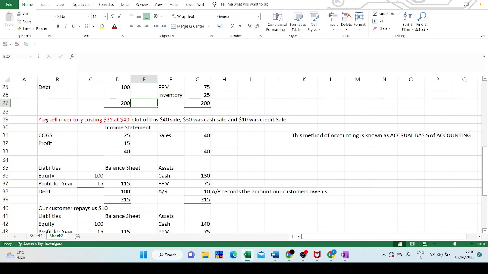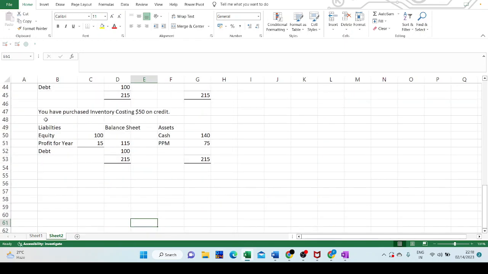When you sold inventory costing 25 at 40, you made money, and since you made money it went into the income statement. But when you purchase inventory costing $50 on credit, you've not made a gain or a loss, so this is not going to your income statement. This will affect your balance sheet.